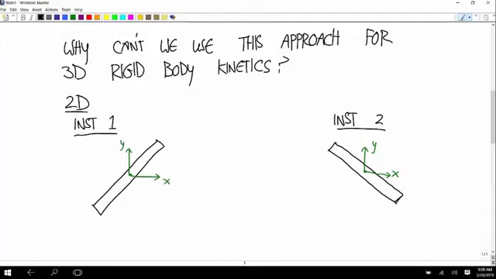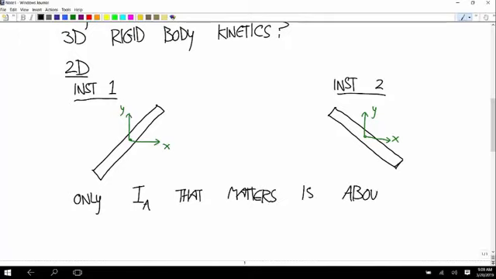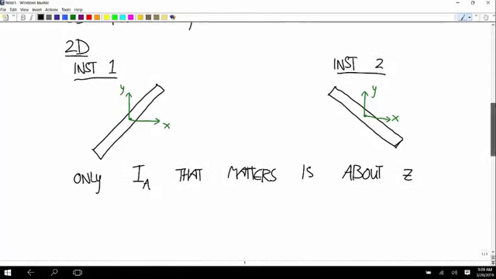In 2 dimensions, all rotations are about the z-axis, right? So the only moment of inertia that matters is about z. Anybody have any questions about that? Does that make sense? Notice that in any orientation of that board, the moment of inertia of that board is the same.